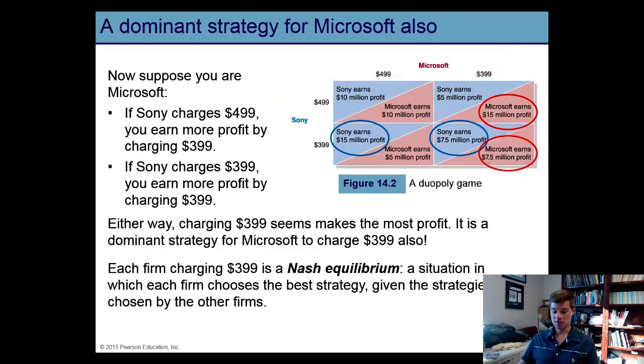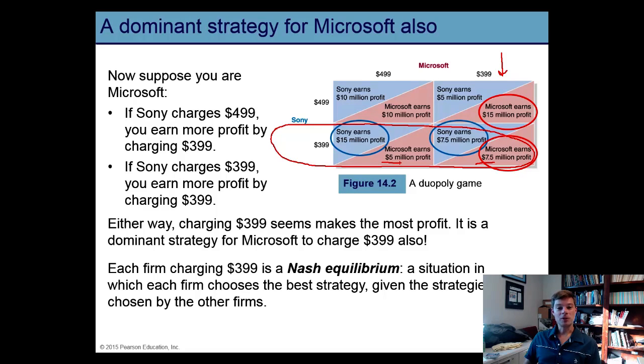It's possible, however, that Sony will pick the second row, which corresponds to a price of $399. In this case, Microsoft would rather pick a price of $399 than a price of $499 because profits of $7.5 million are greater than profits of $5 million.